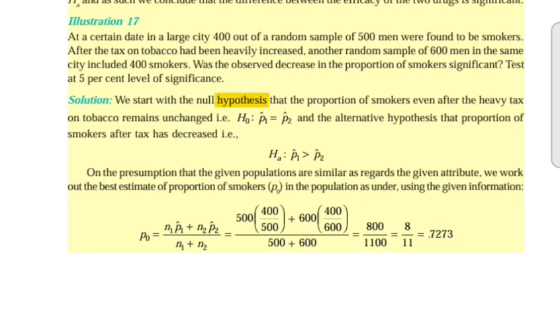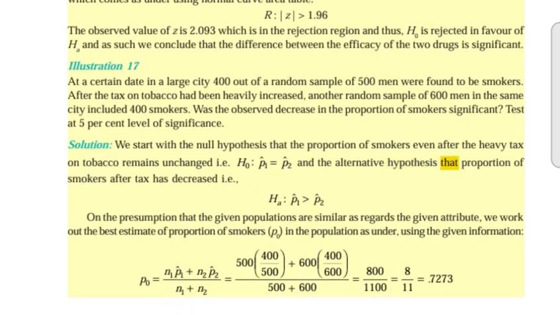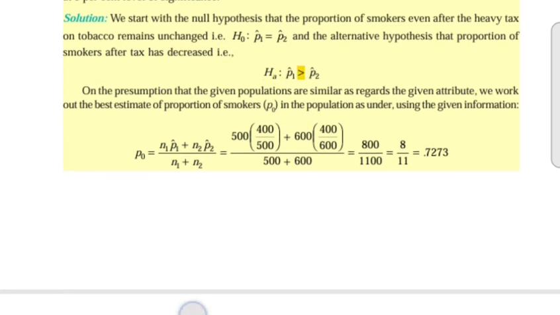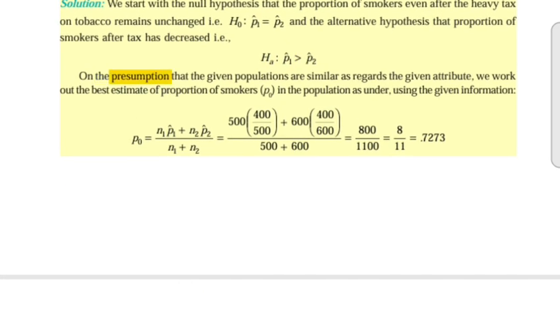Solution. We start with the null hypothesis that the proportion of smokers even after the heavy tax on tobacco remains unchanged, i.e., H0: P1 = P2, and the alternative hypothesis that proportion of smokers after tax has decreased, i.e., Ha: P1 > P2.